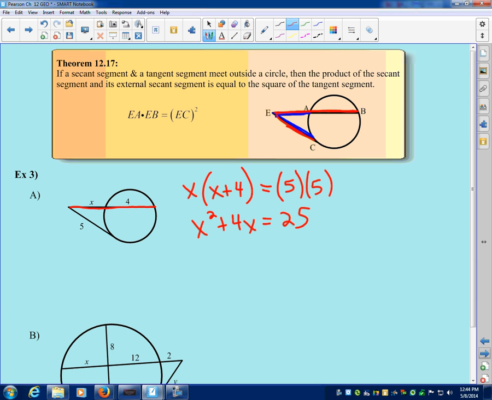So I have... what happened here? Oh no. So x squared plus 4x minus 25 equals 0. Somebody factor this for us? Are there factors of negative 25 that add to equal 4?